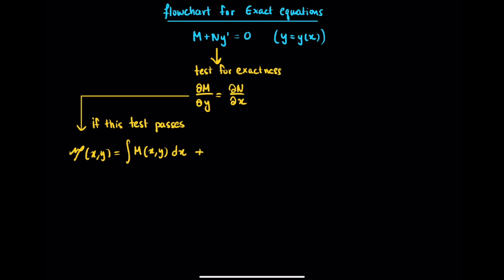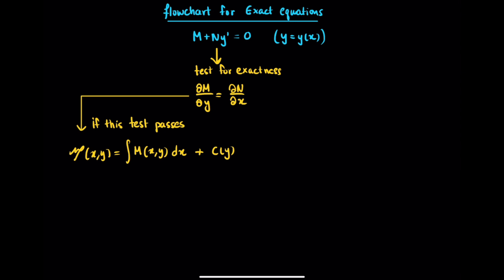And so what's going to happen is when we take the integral here in terms of just x, what we're missing out on is the y's, because the y's are being treated as constants or just coefficients of x. So what we could be missing is some function of y, which we don't account for in this integration.